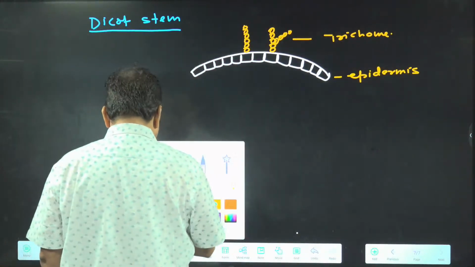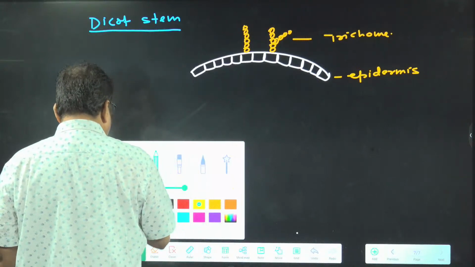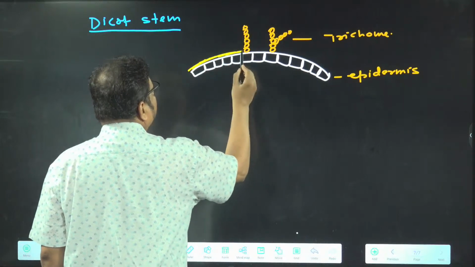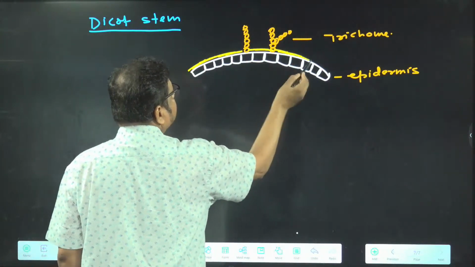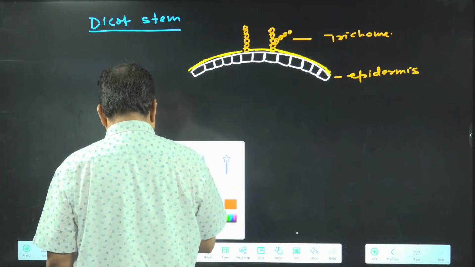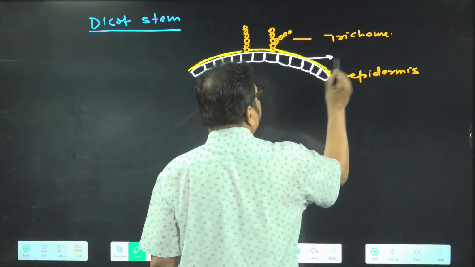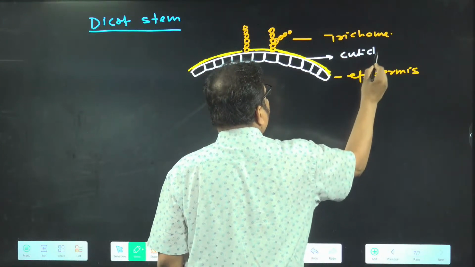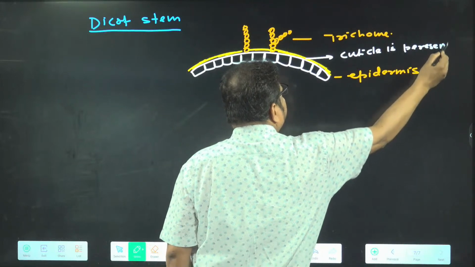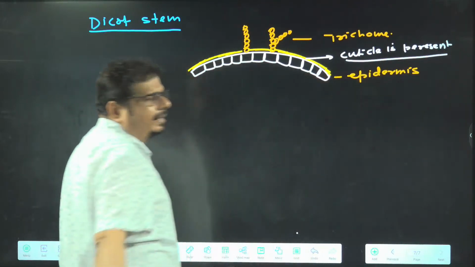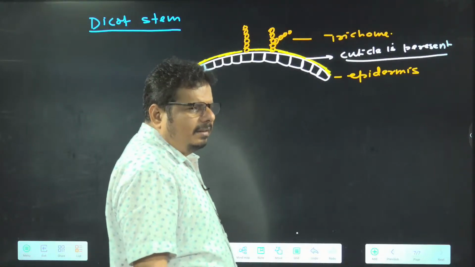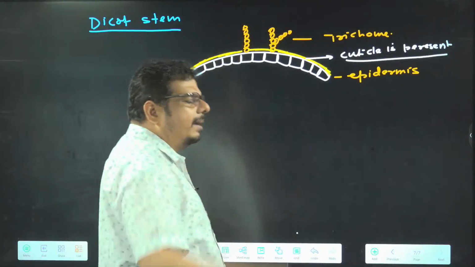Now have a look here. In the stem, what are you finding? Outside of the epidermis, who is present? Cuticle is present. And even in the epidermis of a stem, when it is in a young stage, especially in case of monocot, I will say stomata may be present.